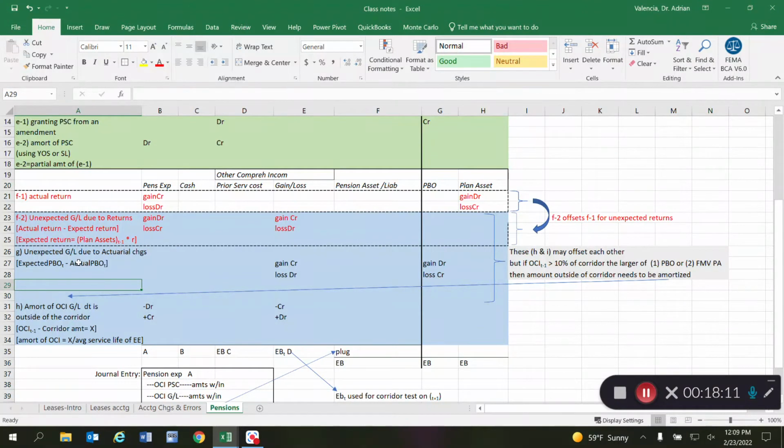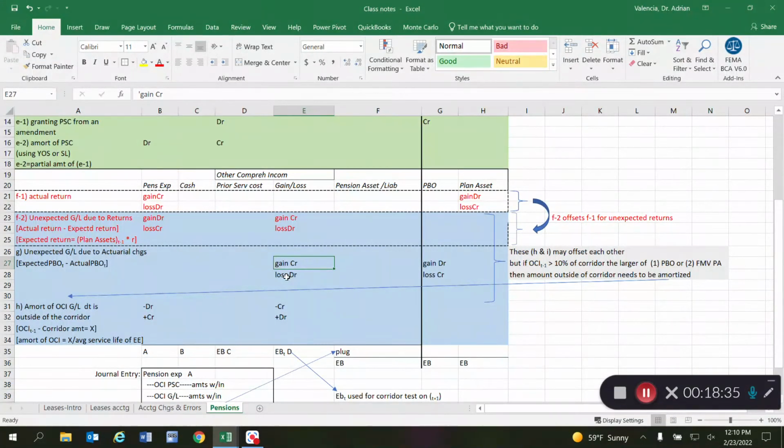So if for some reason it's in our favor and it's a gain, it's probably easier to look at it from this perspective. If what we owe decreases, then we can reduce the PBO with a debit, and the amount is put into OCI as a credit. And then the opposite is true for the loss.